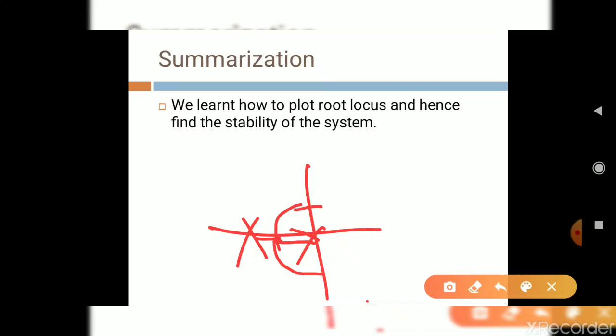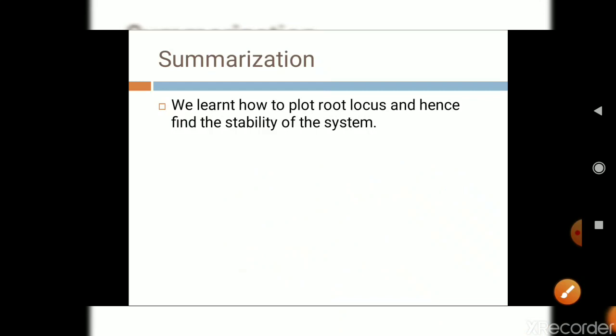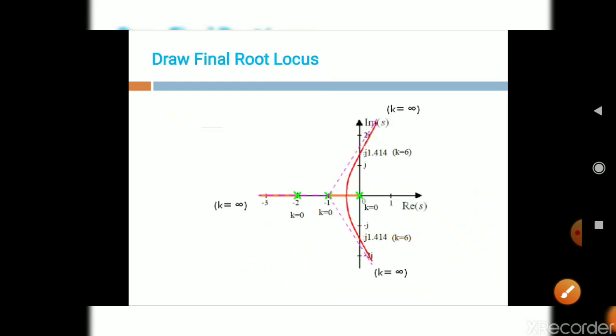The point at which they will cut the imaginary axis is ±1.414, here and here. So here it is plus, here it is -1.414, and the breakaway point is -0.4. In this way you can sketch the root locus. So the final root locus will look like this.